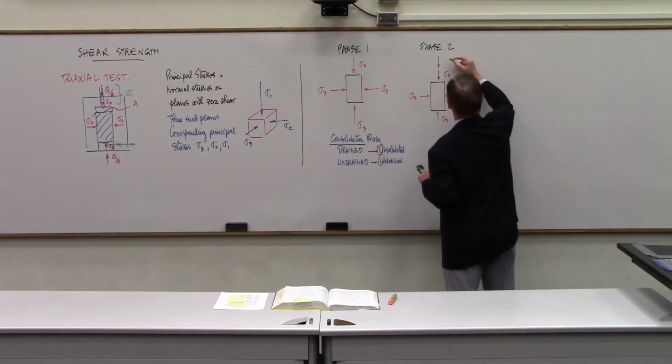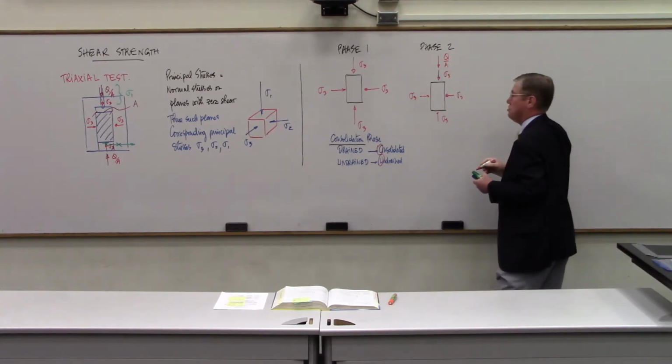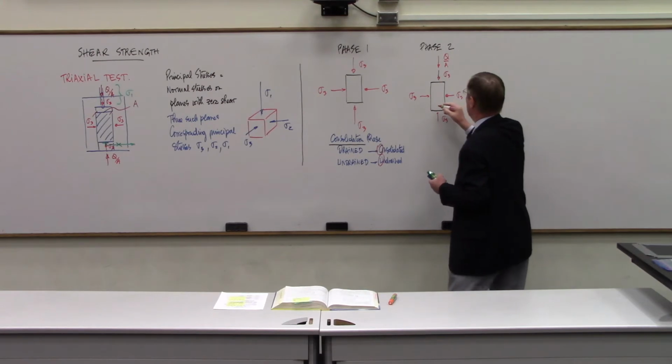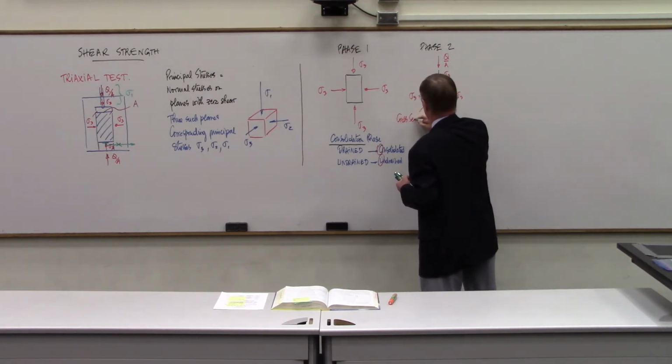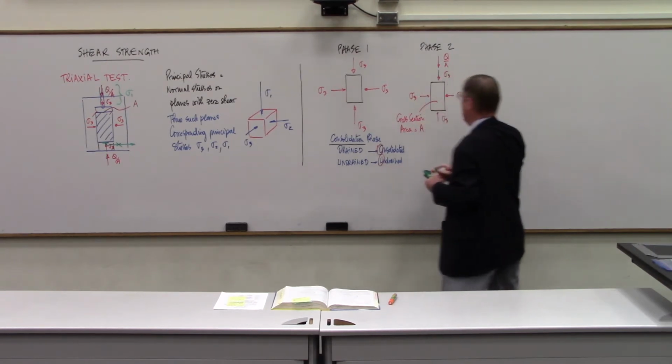So we're going to increase the load Q, and so the additional stress that we generate is Q over A, where A is the cross-section area of the sample.